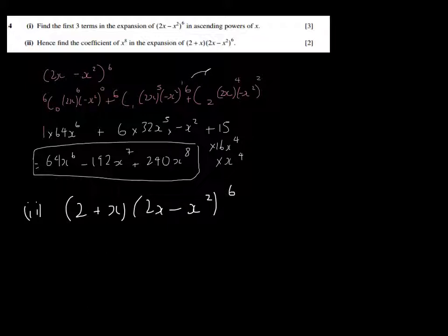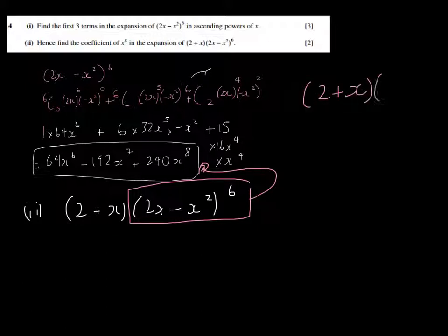Now we already know that when we expand out this part of it here, that we're going to get those first 3 terms there. Okay, so what you're going to remind yourself is, if we had something way, way more simpler, let's say it was 2 plus x times x plus 1, and I said to you, what is the coefficient of x squared?